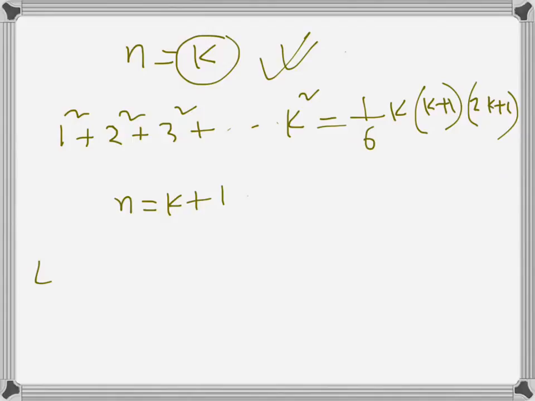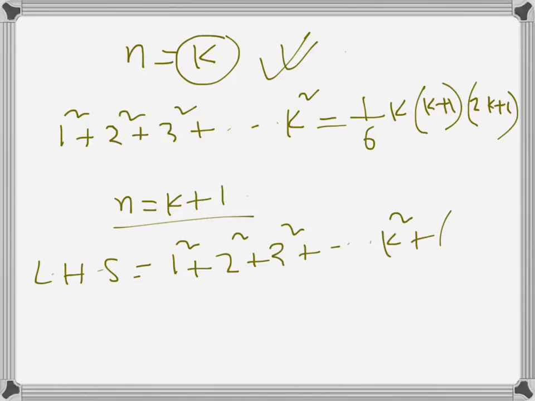and when that happens, the left hand side becomes 1 square plus 2 square plus 3 square up to k square plus k plus 1 whole square.